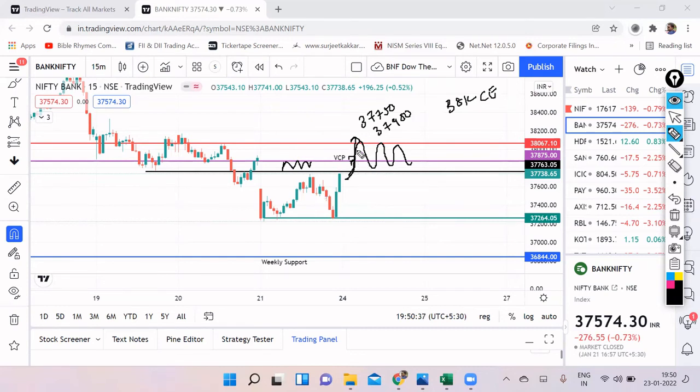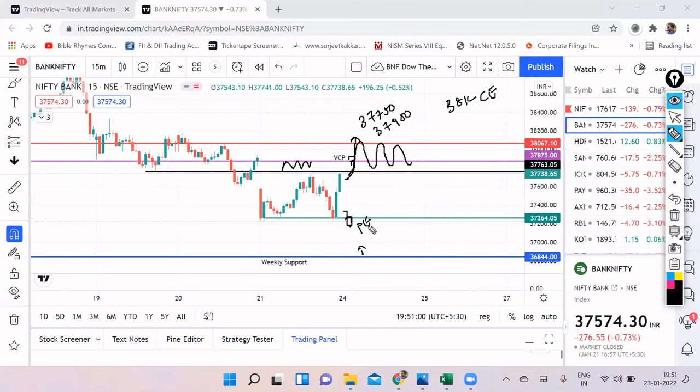So we can avoid the upside trade because of the global scenario, and in case we see a candle closing below this level, definitely we'll take a put trade here, and our immediate target would be 36,844.